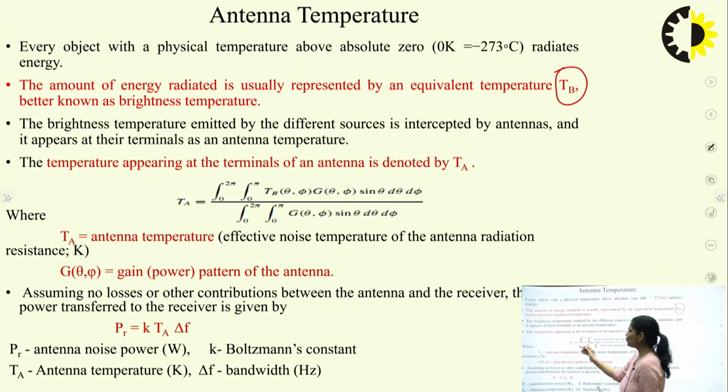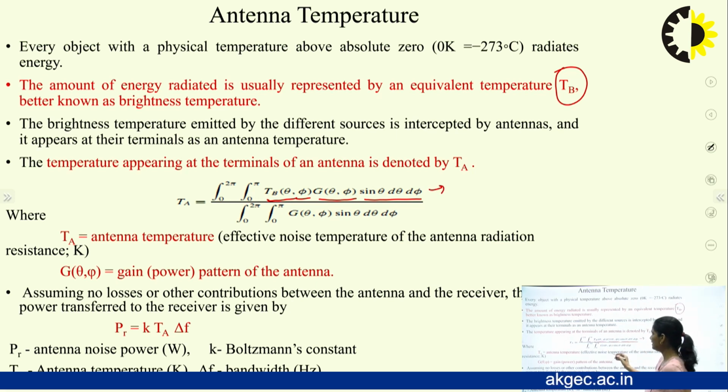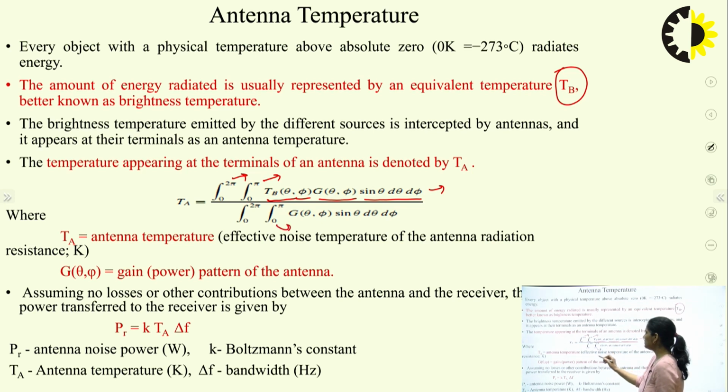Now TA is equal to what? TA is equal to the integration from 0 to 2 pi, and the integration from 0 to pi, of TB(theta, phi) times G(theta, phi) times sin theta d theta d phi, divided by the integration over the same limits of G, which is the beam area.